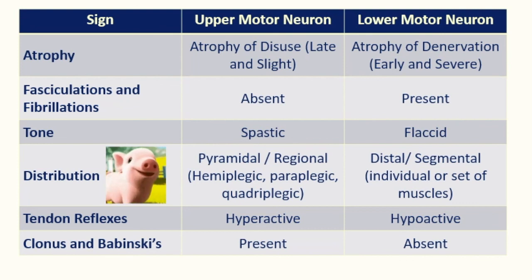Then tendon reflexes. Class, tendon reflexes or deep tendon reflexes are expected to be hyperactive in upper motor neuron damage. So you're expecting here 3 plus or 4 plus or maybe 5 plus for your deep tendon reflexes. Then class, for your clonus and Babinski, they are expected to be present in your upper motor neuron problem. Now, I hope that you still know how to test for your Babinski reflex.